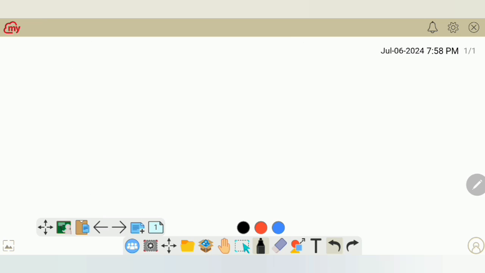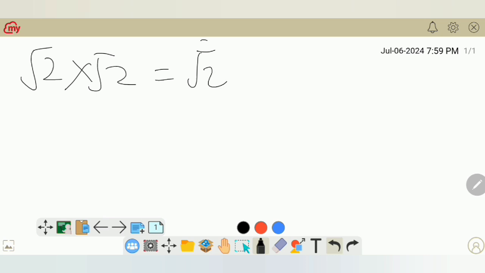So take notice of these properties of surds. Let's try and solve questions on that. Root 2 times root 2. This is equal to root 2 all squared, and the square will cancel the square, and it is left with 2.